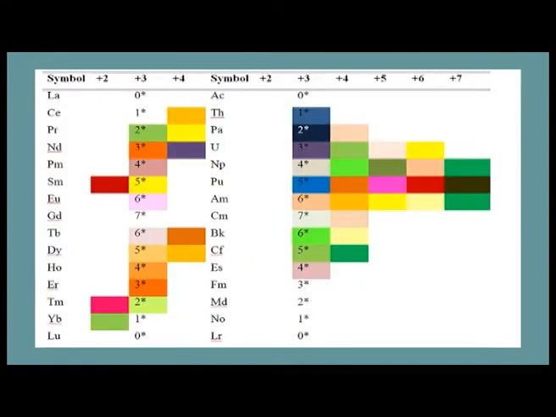Also, the intensity of color of such elements is very weak as they are Laporte forbidden. However, Laporte allowed transitions are observed in some of the compounds of cerium 3+, terbium 3+, samarium 3+, europium 2+, and ytterbium 2+. The Laporte allowed transition is 4f^n to 4f^(n-1) 5d^1.